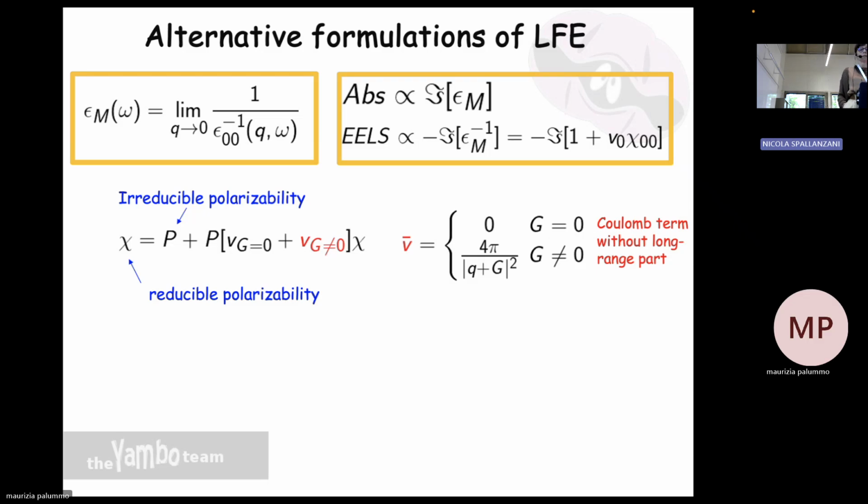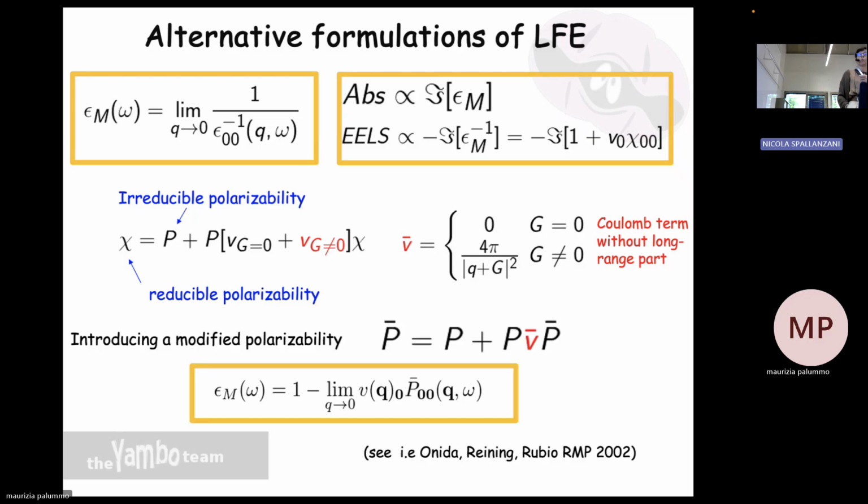What can be demonstrated is that instead of doing this inversion here, as shown by Helena and mentioned by me, we can define, instead of the reducible polarizability, a Coulomb potential that we call V bar, where we put to zero the long range component.